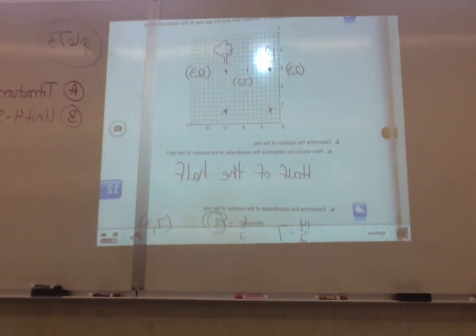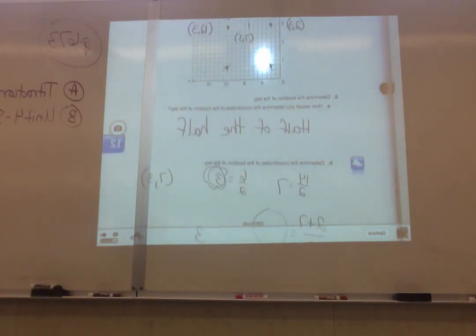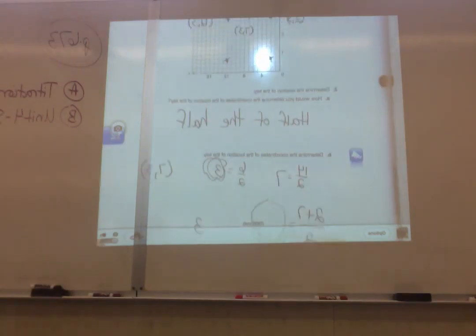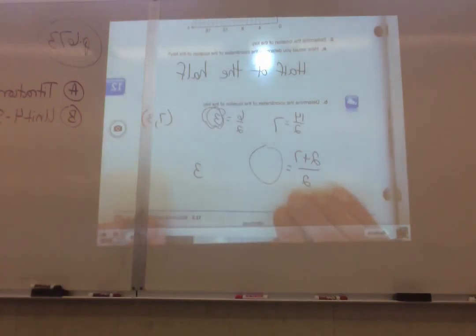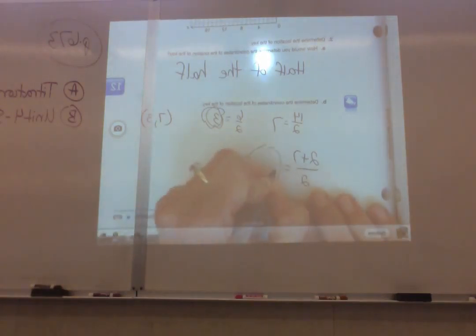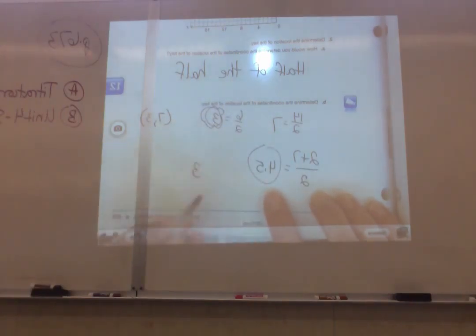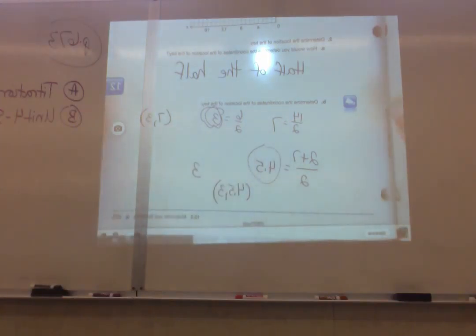I'm trying to find the x coordinate, yes? Okay. 2 plus 7 is? 9. 9 divided by 2 is? 4.5. Okay, so here's my coordinates: (4.5, 3). Let's go find that on our map.